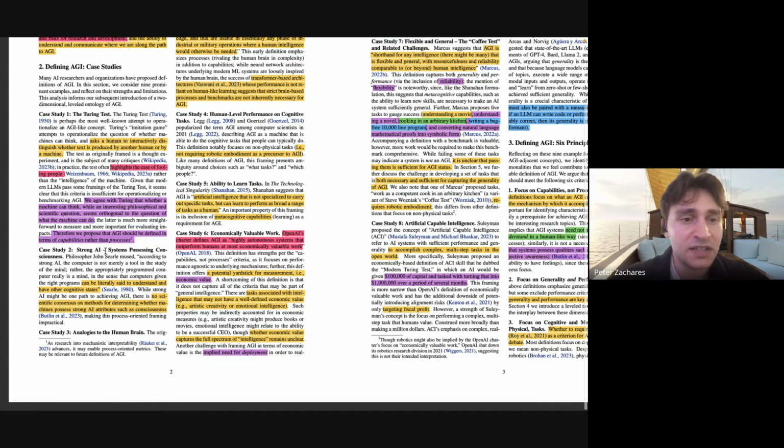The second one, again, is this idea of whether an artificial intelligence can understand and have other cognitive states. So this is about whether we've achieved artificial general intelligence when a machine has consciousness. I actually think this one is a really out-there definition of intelligence, because it doesn't talk at all about whether a machine can actually do anything.